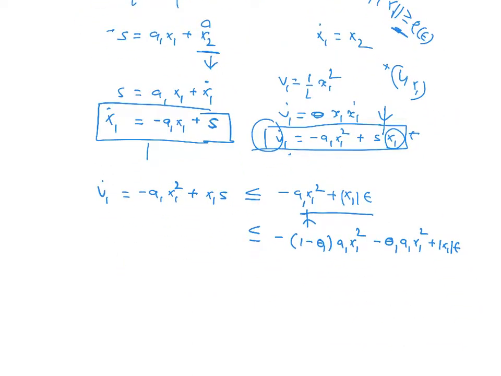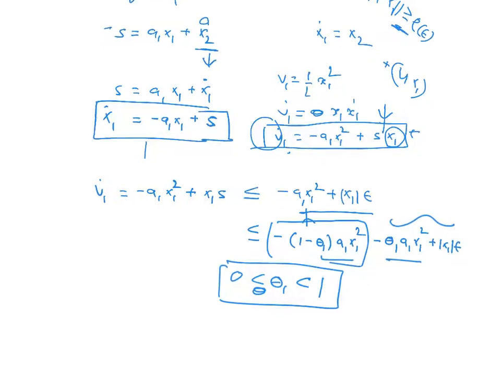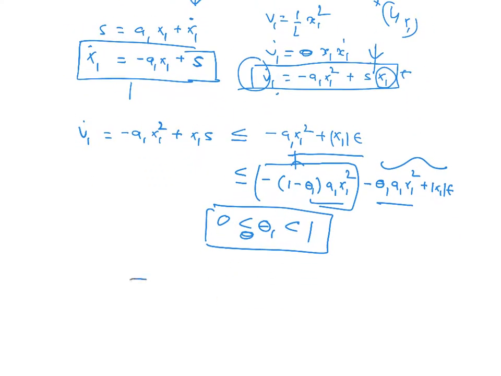Same, nothing, just added a 0. Theta 1 is between 0 and 1, so this is negative definite as long as we can show that minus theta 1 a1 x1 squared plus x1 epsilon is less than or equal to 0.